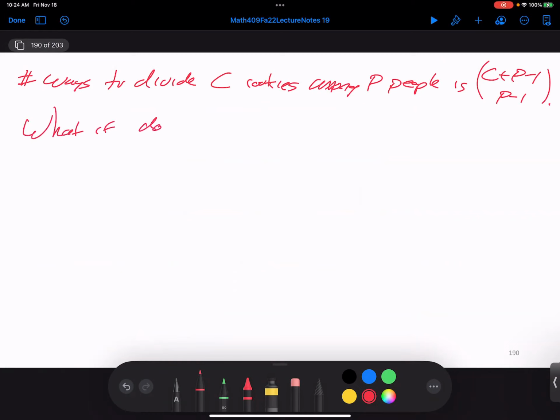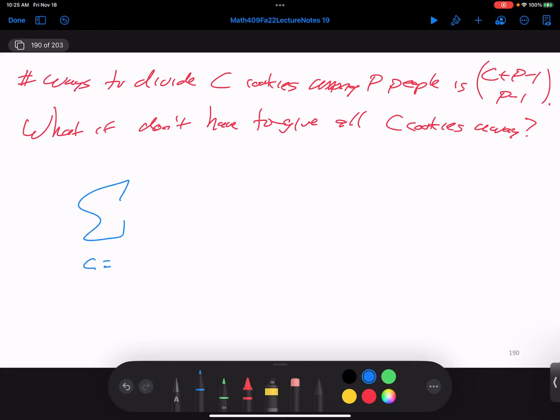What if we don't have to give all C cookies away? If every cookie has to be distributed, it's C plus P minus 1 choose P minus 1. If I don't have to give out every cookie, it would be the sum of little c goes from 0 to big C of c plus P minus 1 choose P minus 1.